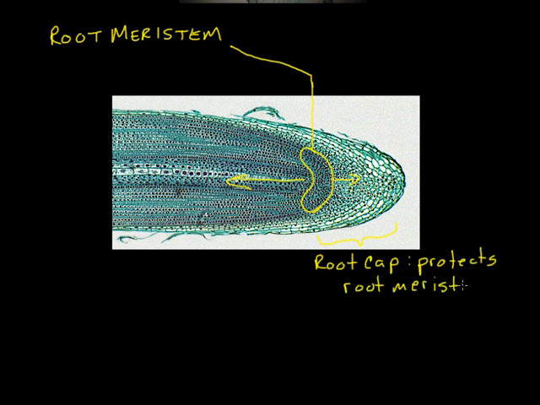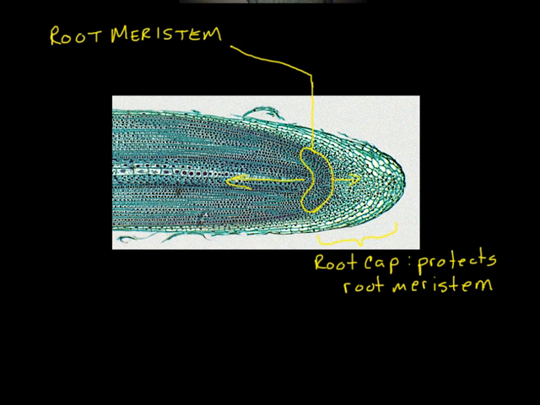Well, what is it protecting it from? Well, the soil is very abrasive. You know, sandpaper is made out of particles of soil, or particles of sand, or at least sand-like particles. And so as abrasive as sandpaper is, the soil is equally abrasive. And these cells, remember, we're not talking about cells with thick bark layers or anything like that.